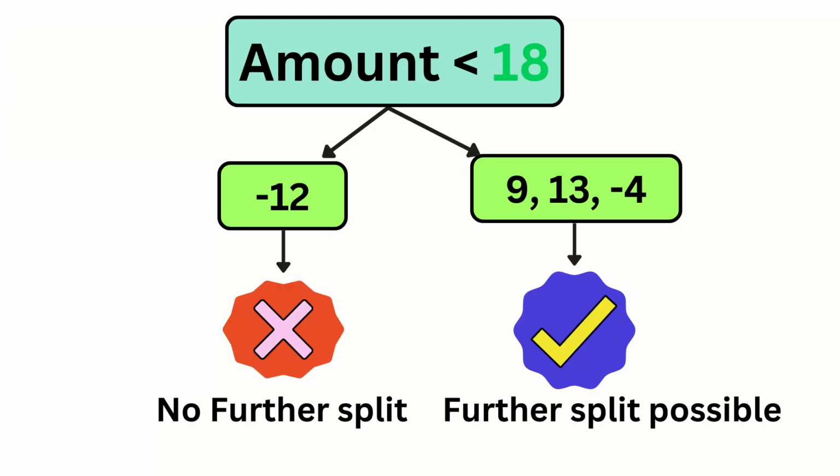Now, since there is only one residual in the left leaf, we cannot split it further. However, we can split the right leaf because it contains 3 residual values.